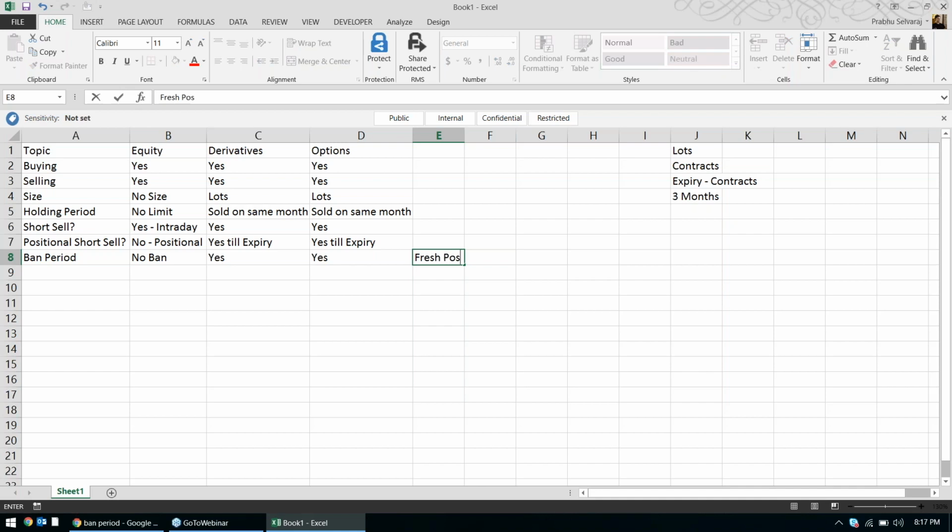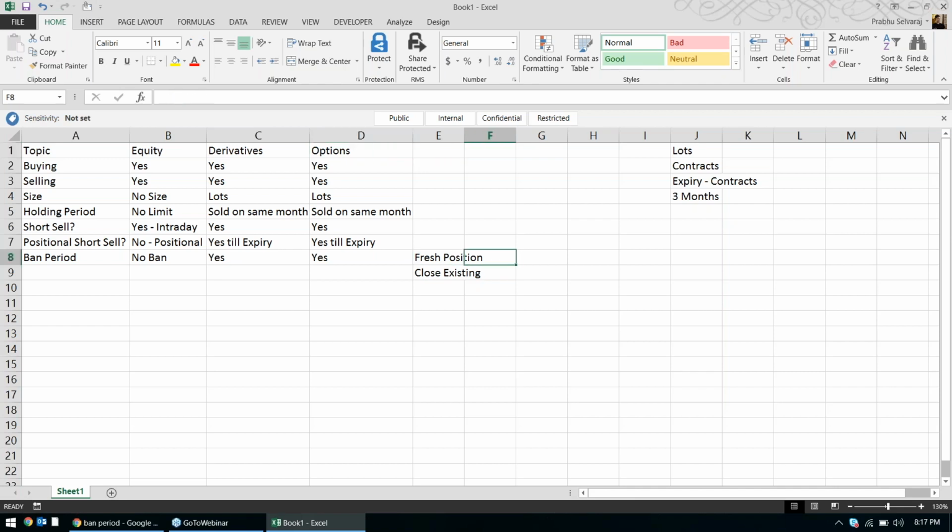You cannot take a fresh position. However, you can always close the existing position when it is in ban period. In ban period, I said you cannot create a fresh position.